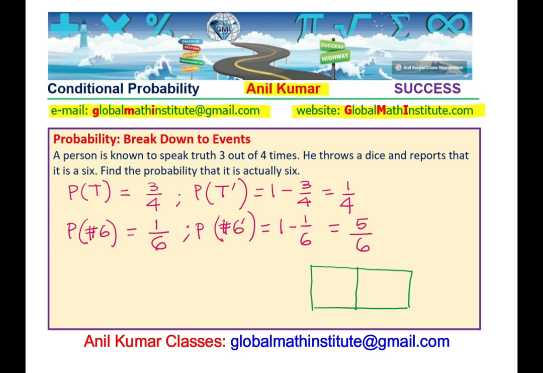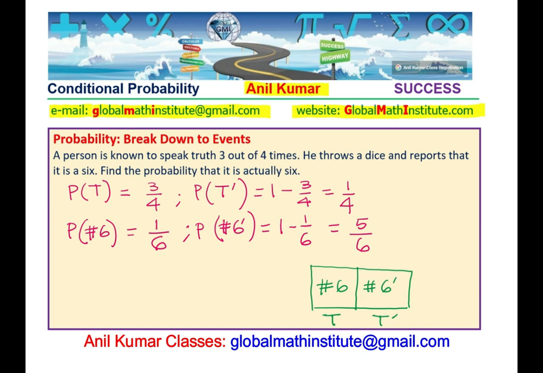So that means it is a 6 or it is not a 6, correct? Now, he can say that it is 6 by telling truth here and not truth here. Do you see? There are two different ways that you get a 6. And that should help you to answer the question.